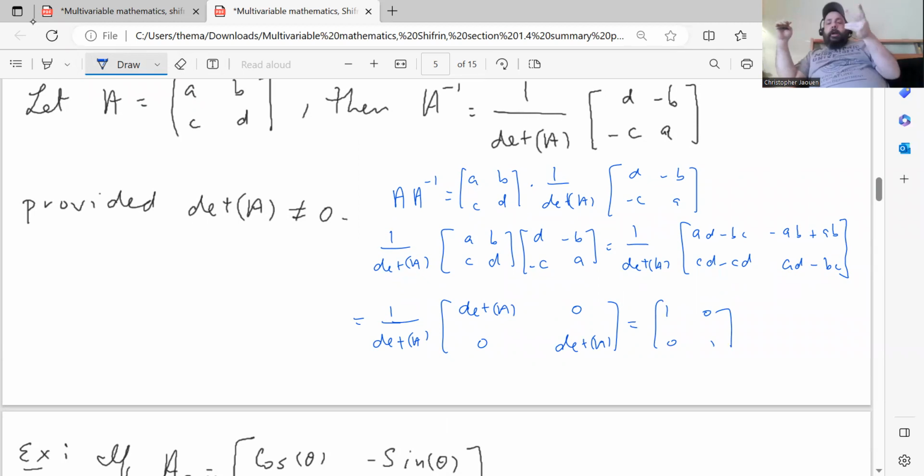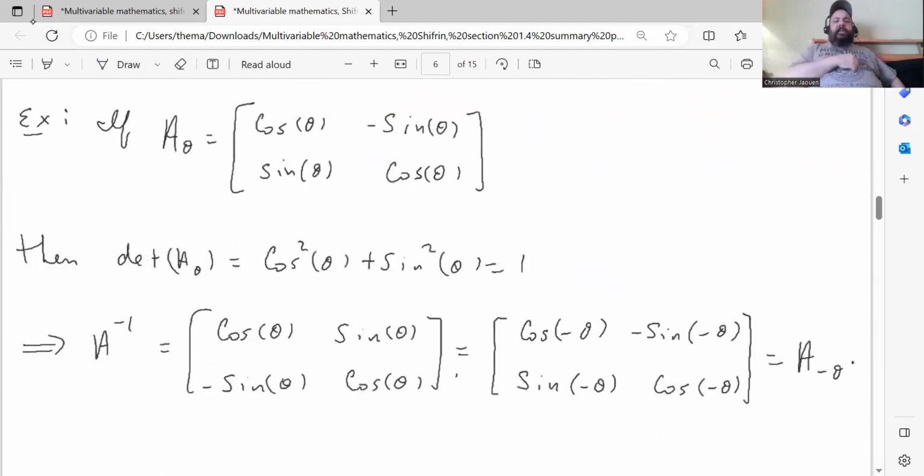And you could do it the other way around too. You can take A inverse times A and show that you get the 2 by 2 identity that way as well. And that verifies that those two matrices are inverses. So now we have a formula for calculating the inverse of at least a 2 by 2 matrix.